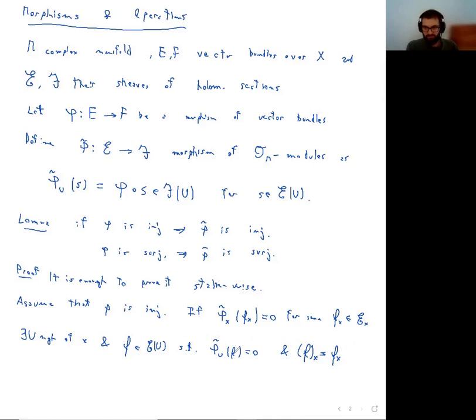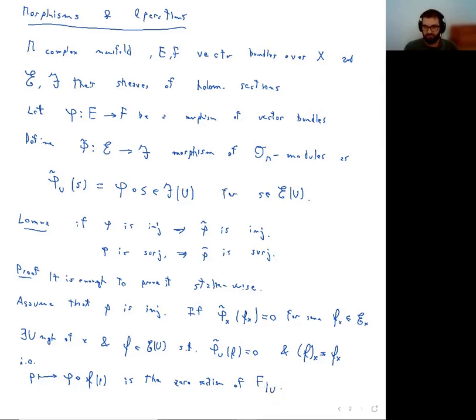So what does this mean? Well, that this map, i.e., the map that takes a point P and maps it to phi composed with f of P, is the zero section of the bundle F restricted to U, right?